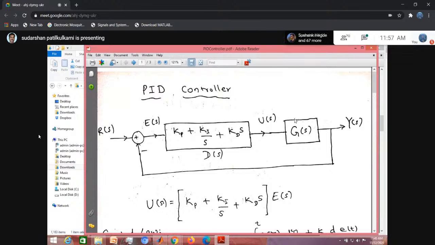So therefore, the desired behavior is decided by the time domain specifications. Time domain specifications are dependent on zeta and omega n, which also decide the pole location. So we are essentially altering the pole location.